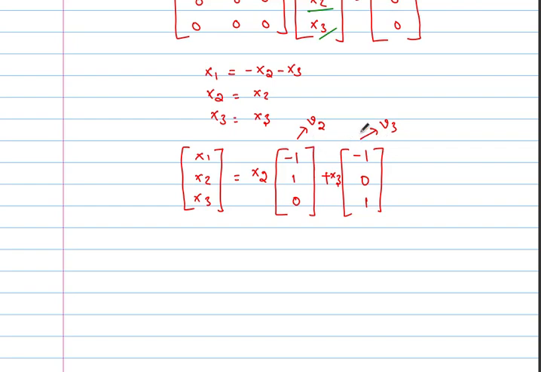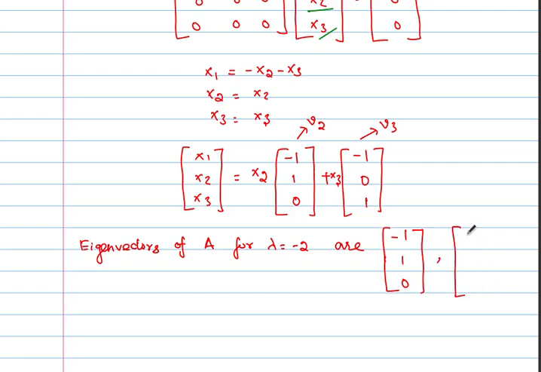These two, V2 and V3, are the eigenvectors of matrix A for lambda equal to minus 2: minus 1, 1, 0 and minus 1, 0, 1.